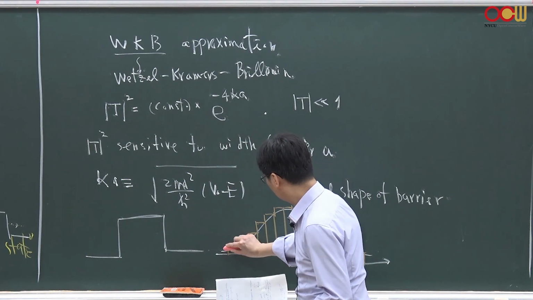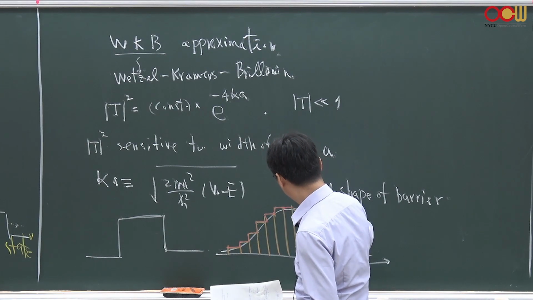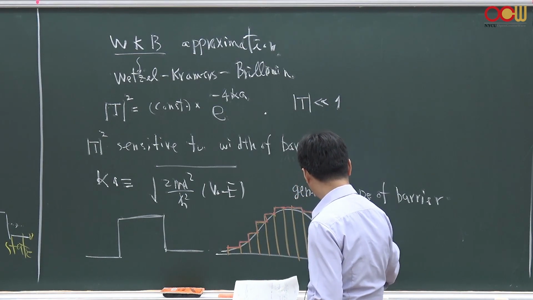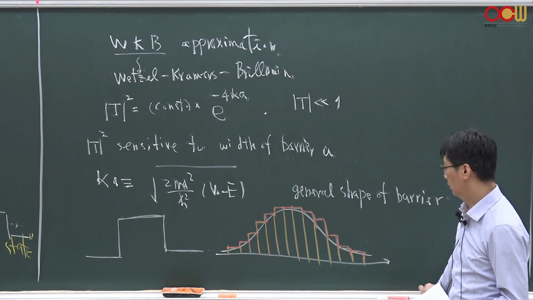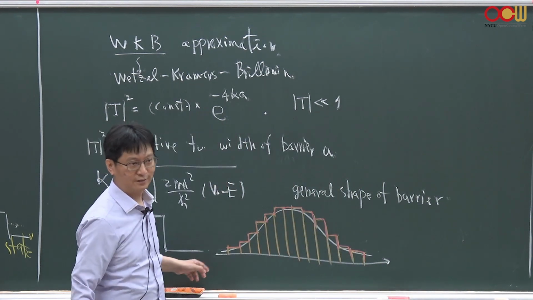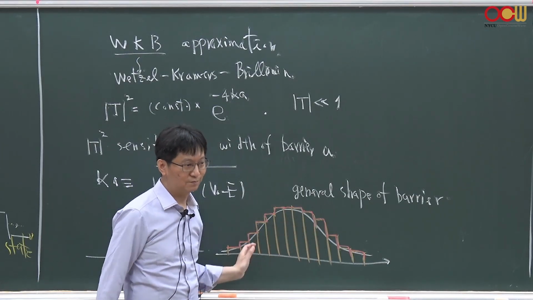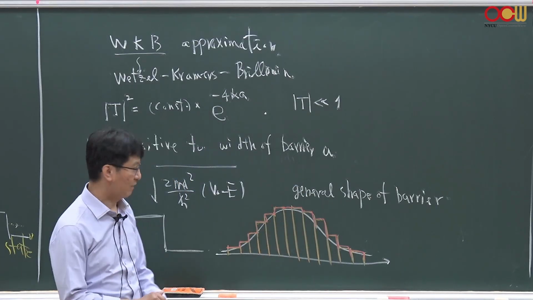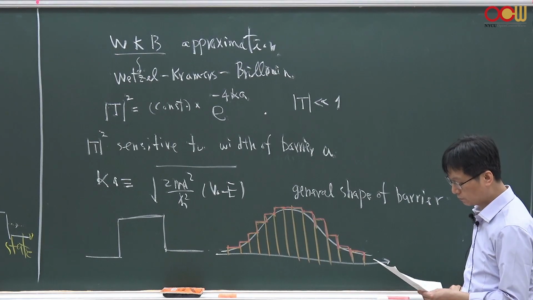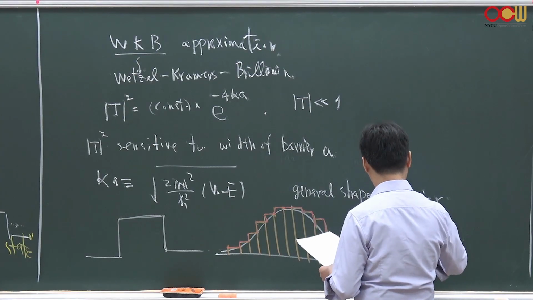Of course, there's some zigzag, but this doesn't matter too much, because when you decompose the barrier into an almost infinite number of rectangles, the zigzag boundary becomes very smooth, and you get a smoothly varying potential.